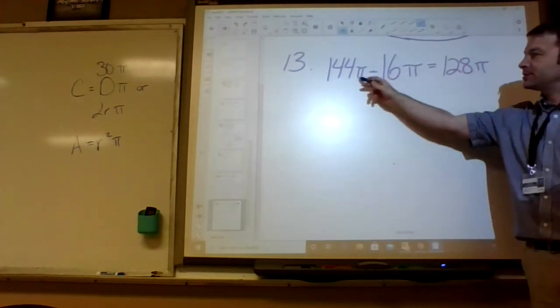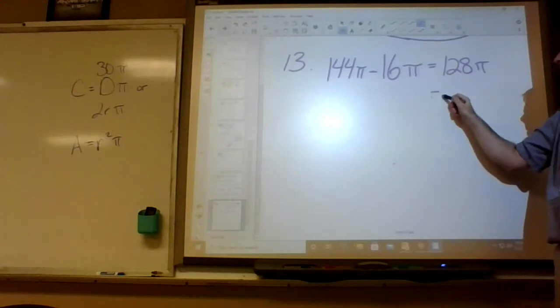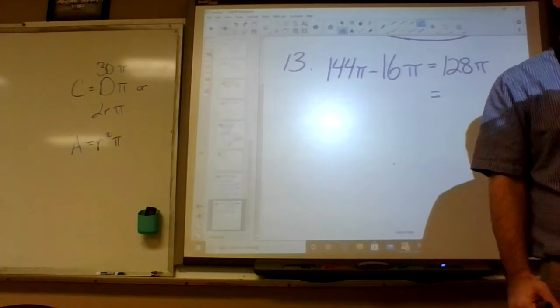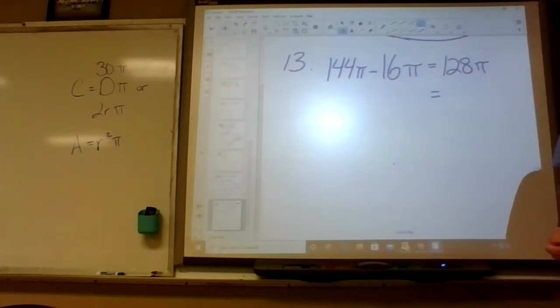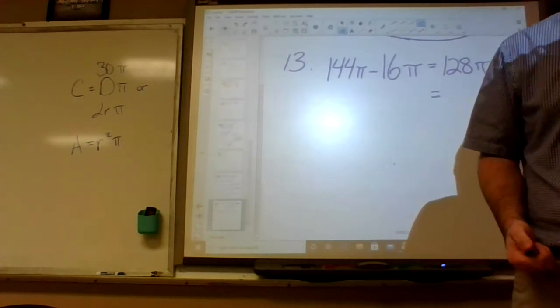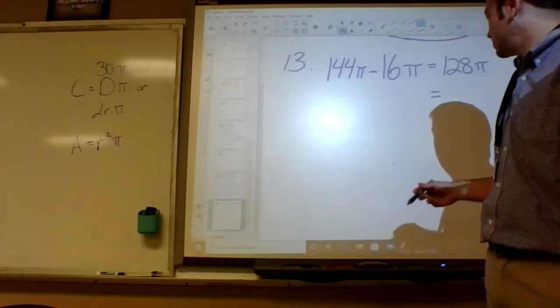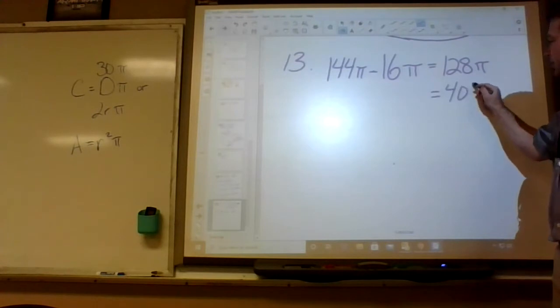You can subtract those since they're both pi's. But let's go ahead and turn that into decimal form. 128 times 3.14 is 402.1. Go ahead and put units squared on all these.